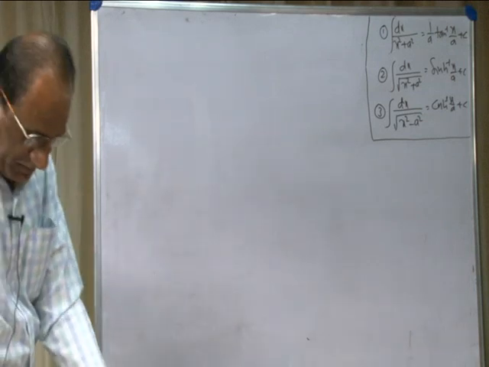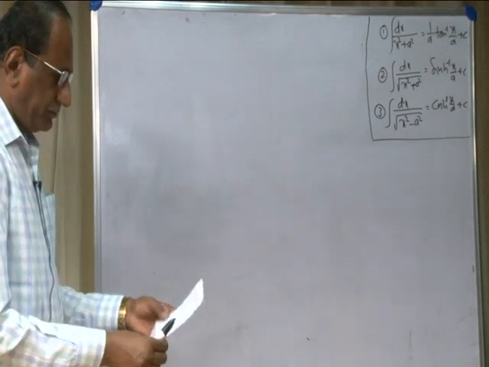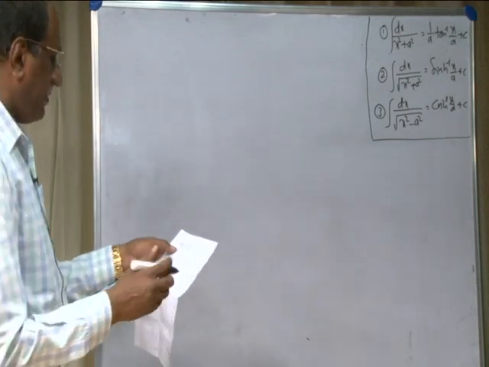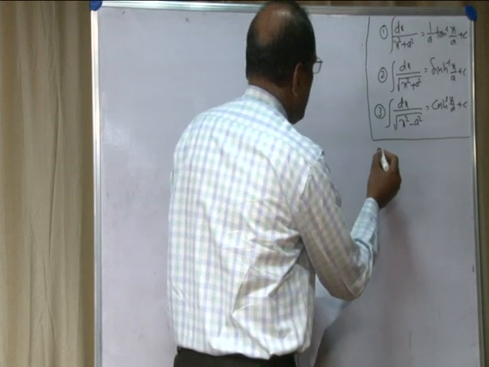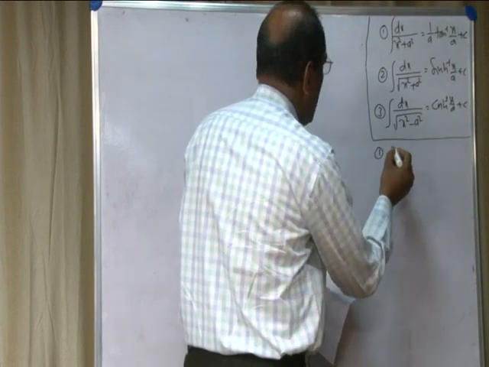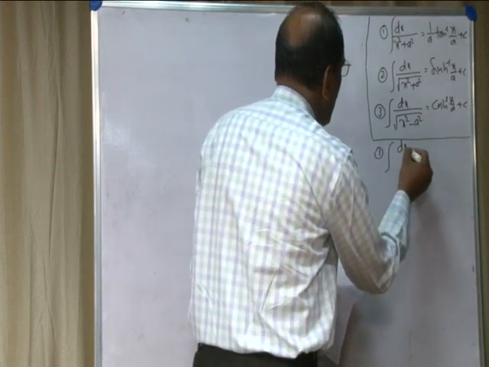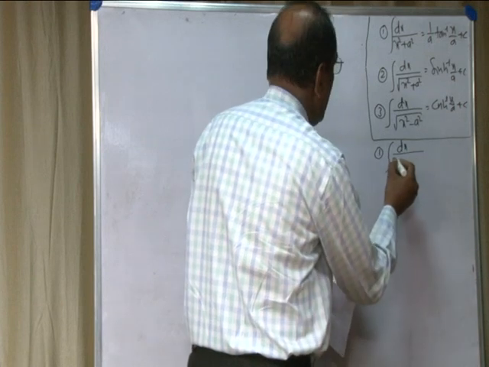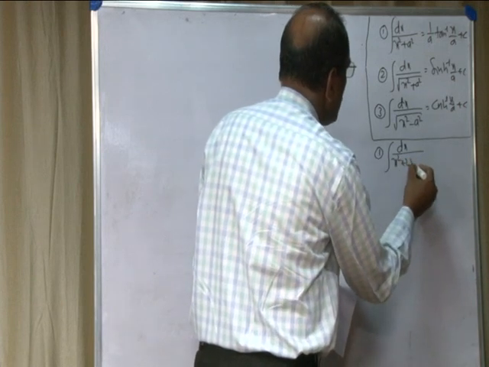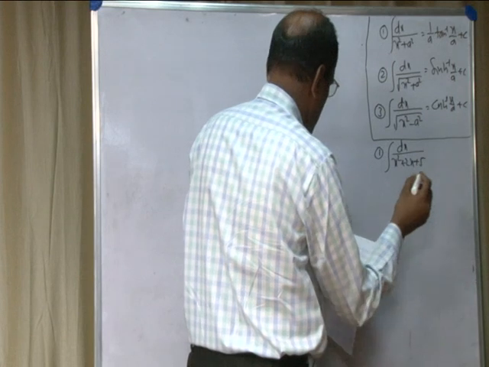Problem number 1: integration of dx divided by x square plus 2x plus 5.